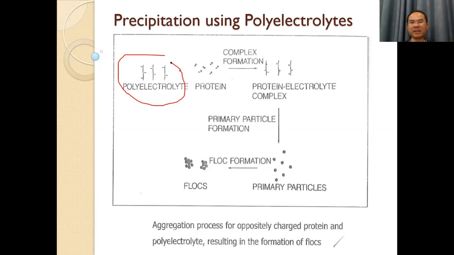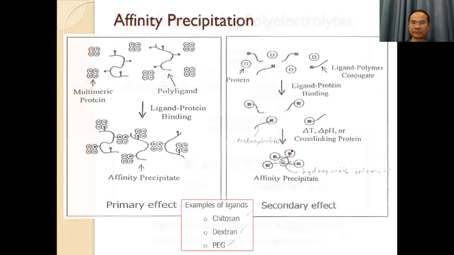We form a protein-electrolyte complex, and aggregation occurs due to the charges on the surface of the polymer and protein. This is the aggregation process for oppositely charged protein and polyelectrolyte.